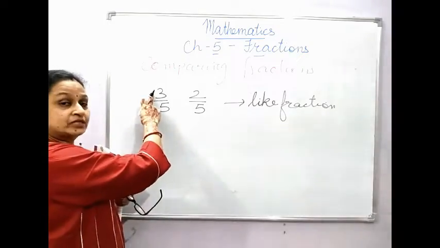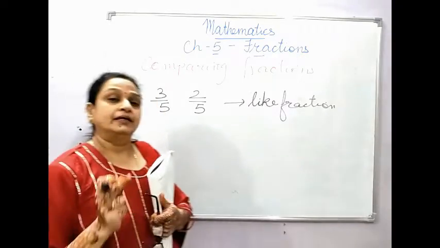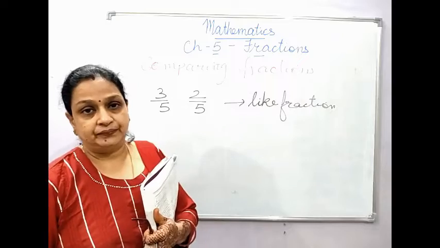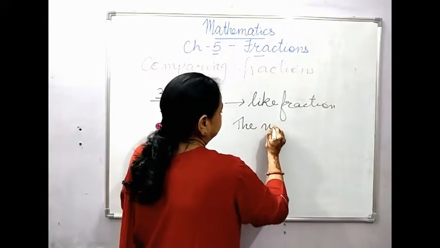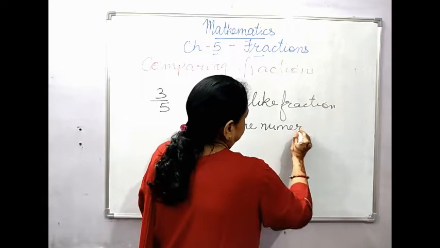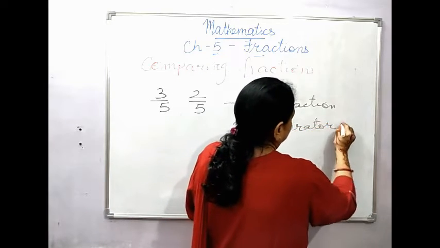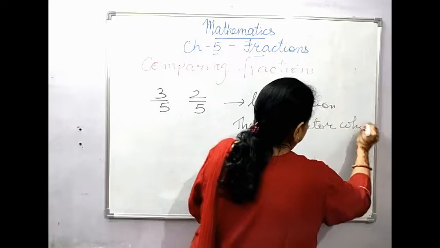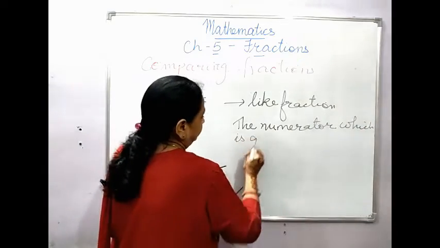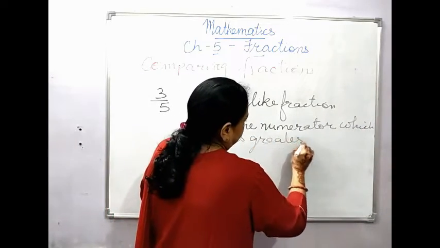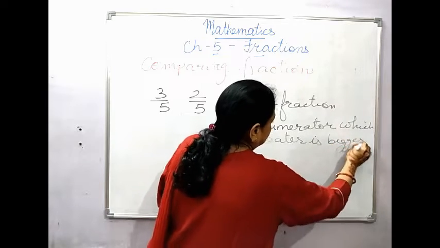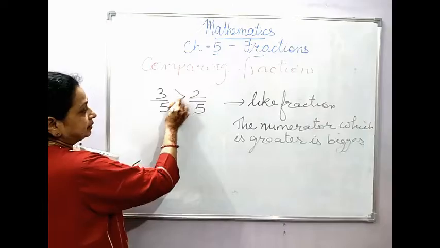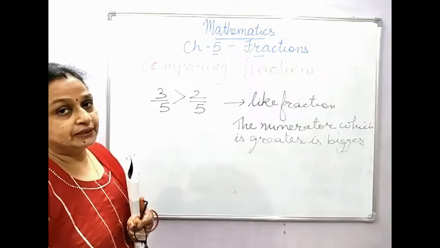The numerator which is greater will be the greater fraction. In like fractions, the fraction with the greater numerator is the bigger fraction, you can say. So out of the two, which will be the bigger? This one will be the larger.